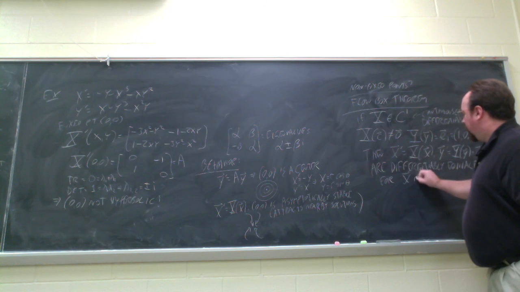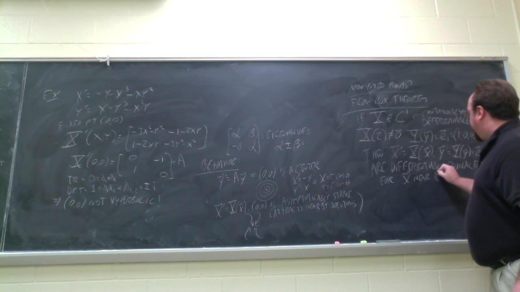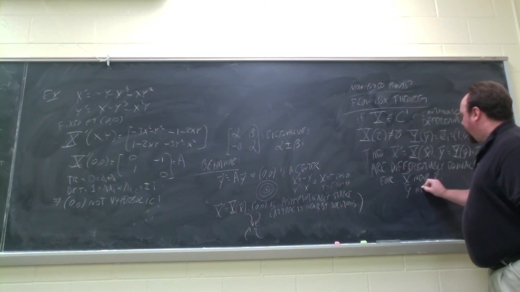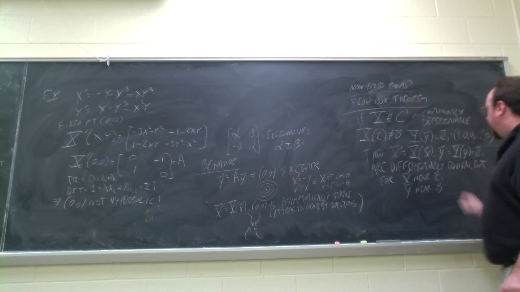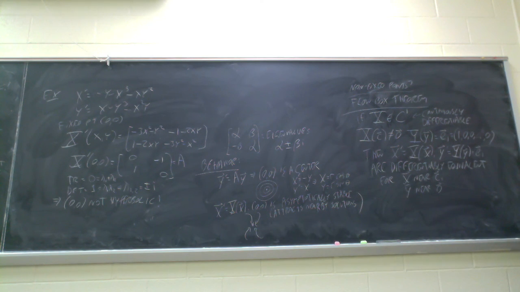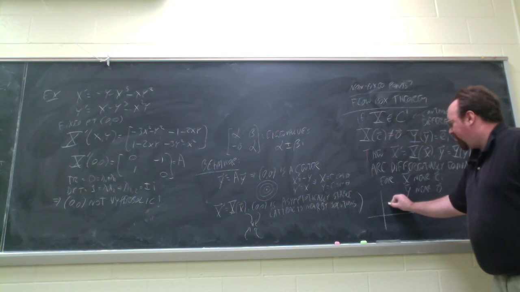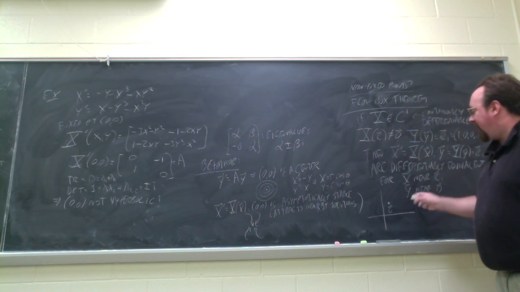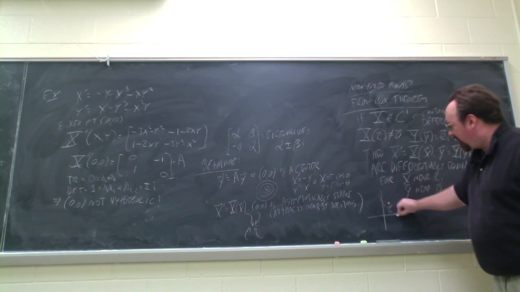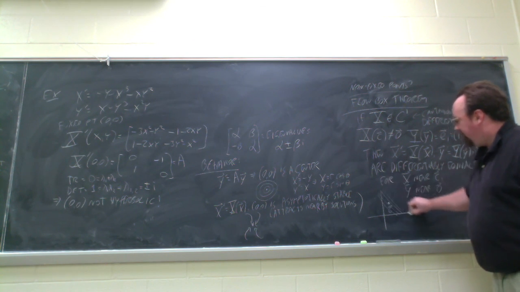For x in a neighborhood of c and y in a neighborhood of the origin. So what that means is, if you think of a nonlinear system not at a fixed point, near this point c, who knows what behavior you're getting? Maybe you're getting solution curves that are behaving like that.